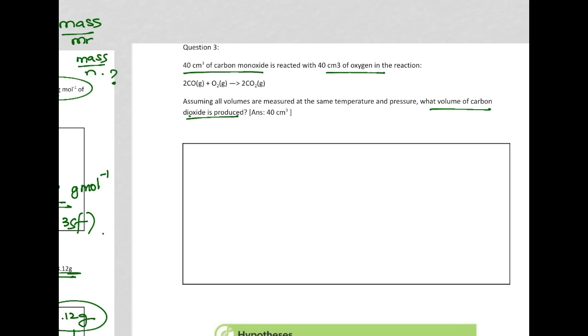So, for example, here we have 2 moles of carbon monoxide reacting with 1 mole of oxygen, producing 2 moles of carbon dioxide, right? So the volume ratio, this is the mole ratio. Then the volume ratio, this is 40 centimeter cube, reacting with, so 40 will be reacting with 20 centimeter cube of oxygen because the ratio is 2:1.